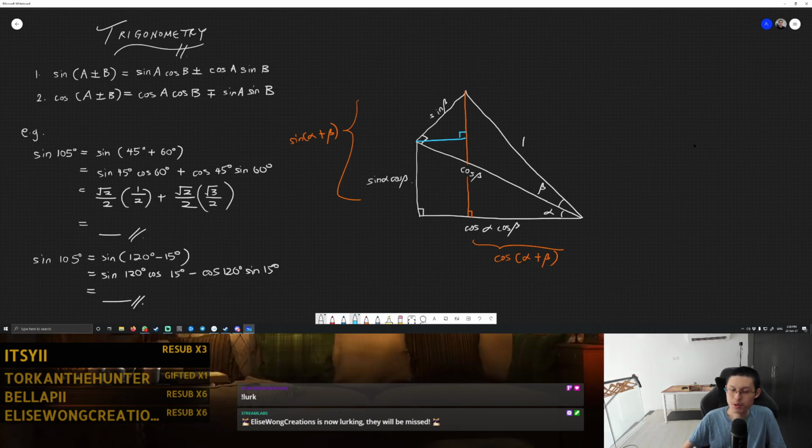And then what we're going to do next is notice that this angle here, let's see if we can draw this angle. See this angle here? This angle here is actually 180 minus 90 minus beta. So that's actually going to be pi over 2 minus beta. So this angle is going to be the same because they are, I think the term is alternating angles, right? So this is going to be the same angle as this guy.